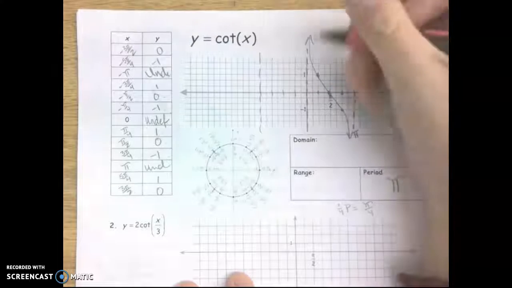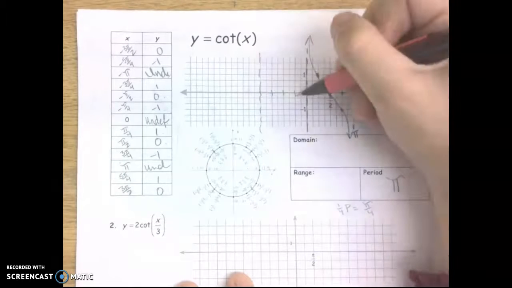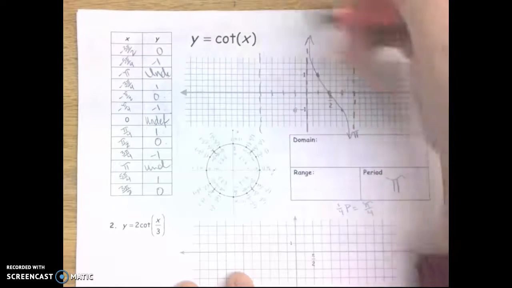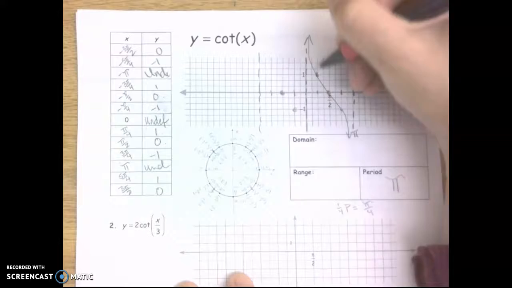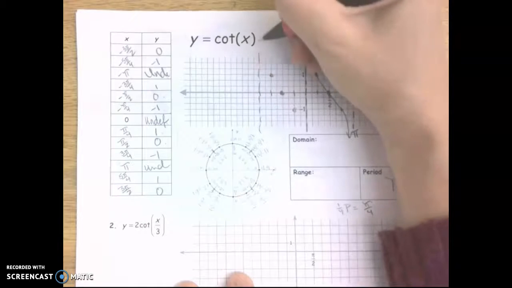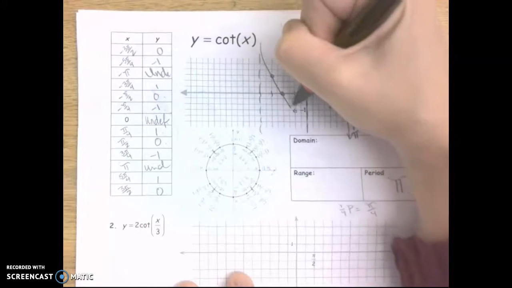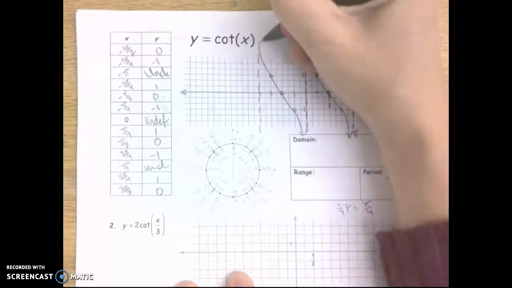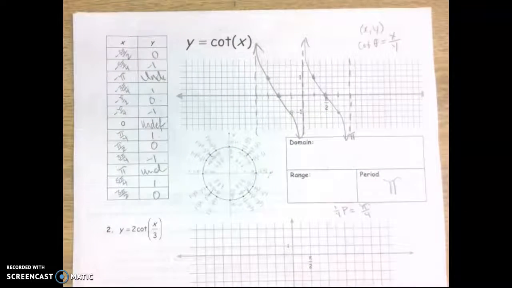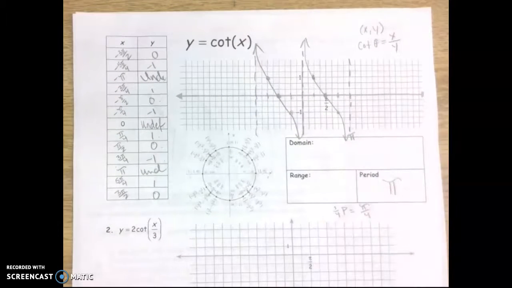So every pi over 4 is a critical point or an asymptote. So then right here I follow, that's a negative, a 0, and really once you get one whole period graphed, the rest of it's just following patterns.